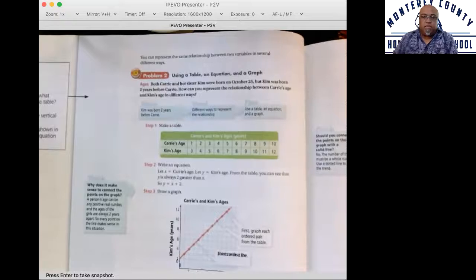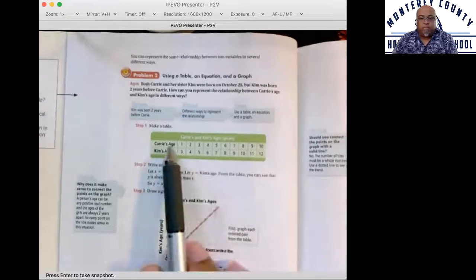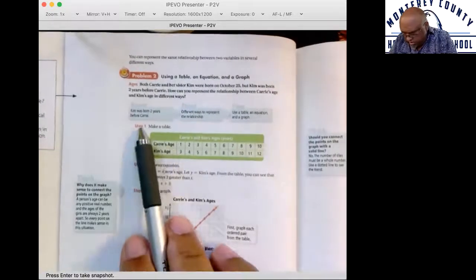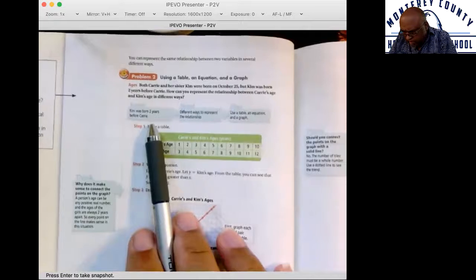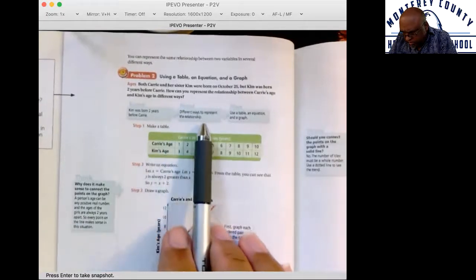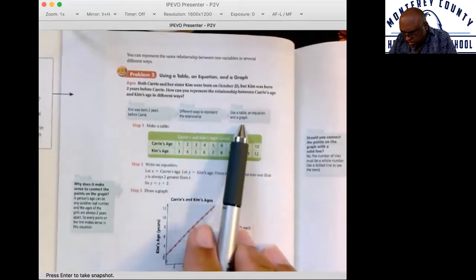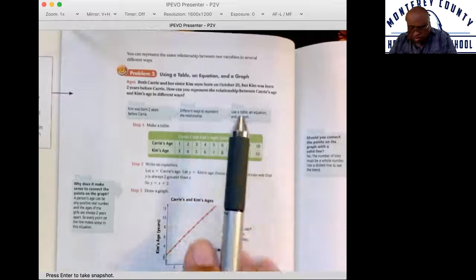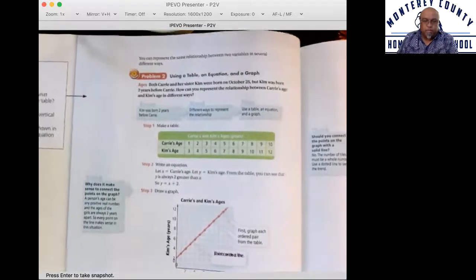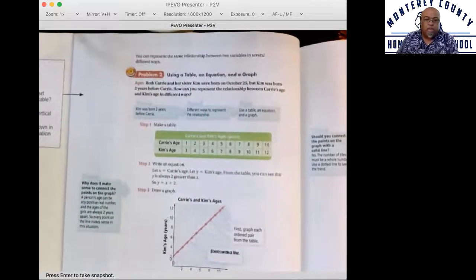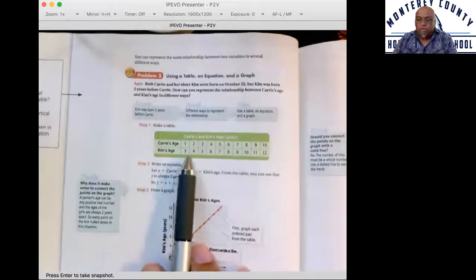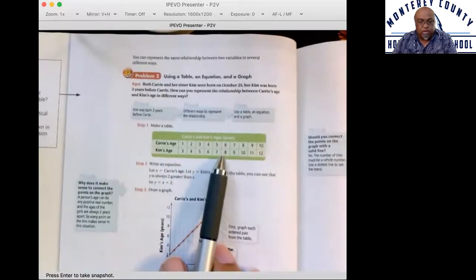Anyways, so continuing, what we know is that Kim was born 2 years before Carrie. What we need to know is different ways to represent the relationship. The plan is to use a table, equation, and a graph. Those are kind of your standard ways. With a table, you just write out some spots and then fill in the information.